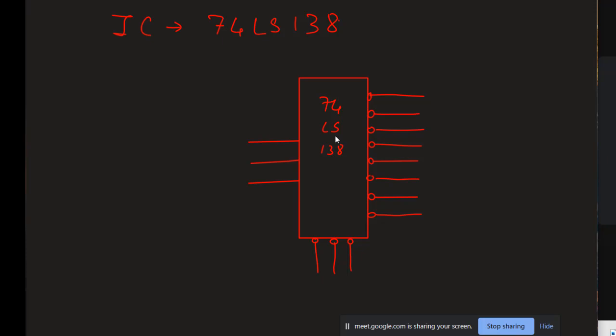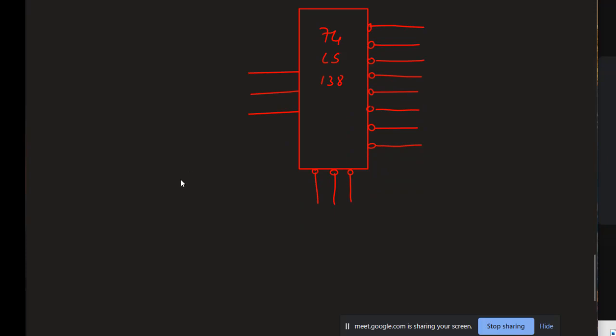Okay, so how does this circuit work? There are basically 3 inputs. Let me give the labels. Rather than 1, 2, 3, I'm going to label them A0, A1 and A2.